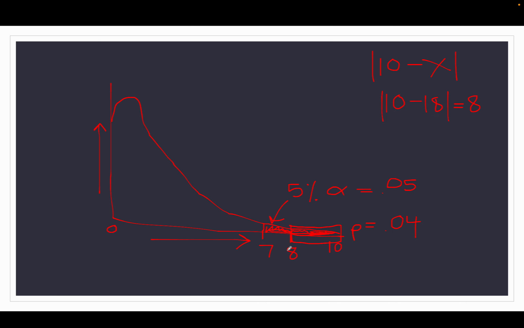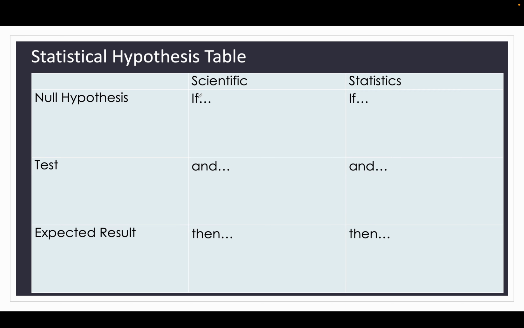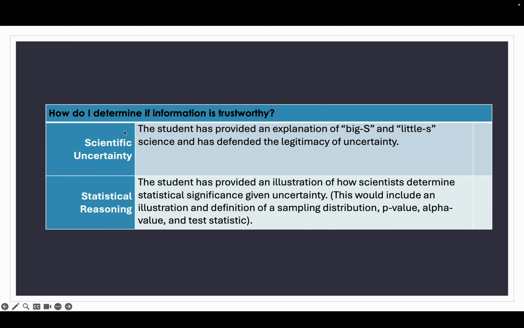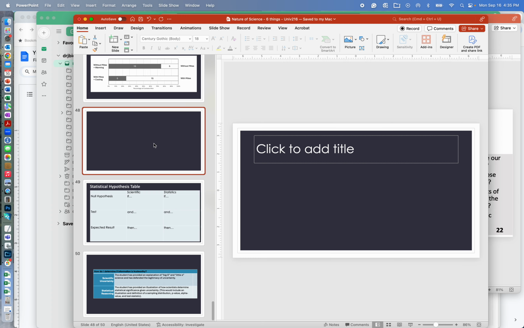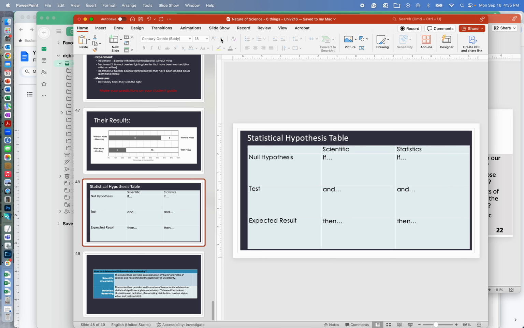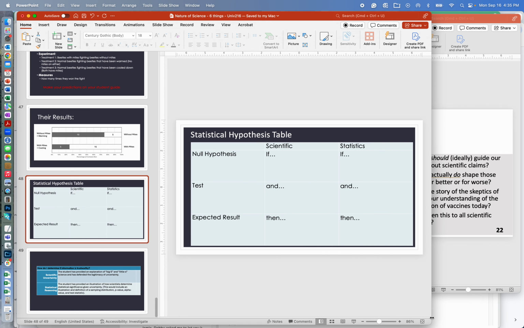And so that's how we figure it out. This distribution is called a sampling distribution. We set our alpha value, then we actually run the test, figure out where our statistic falls, and then decide what the p-value is. So then we went to this table and we said, all right, let's do our null hypothesis. We're going to fill it out together because we did that in class.